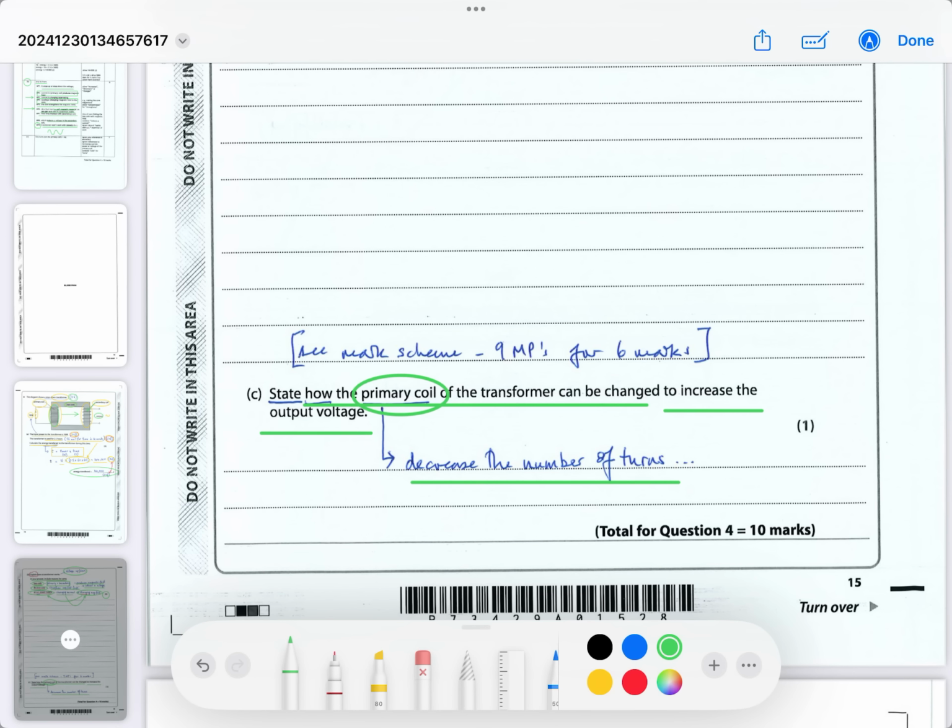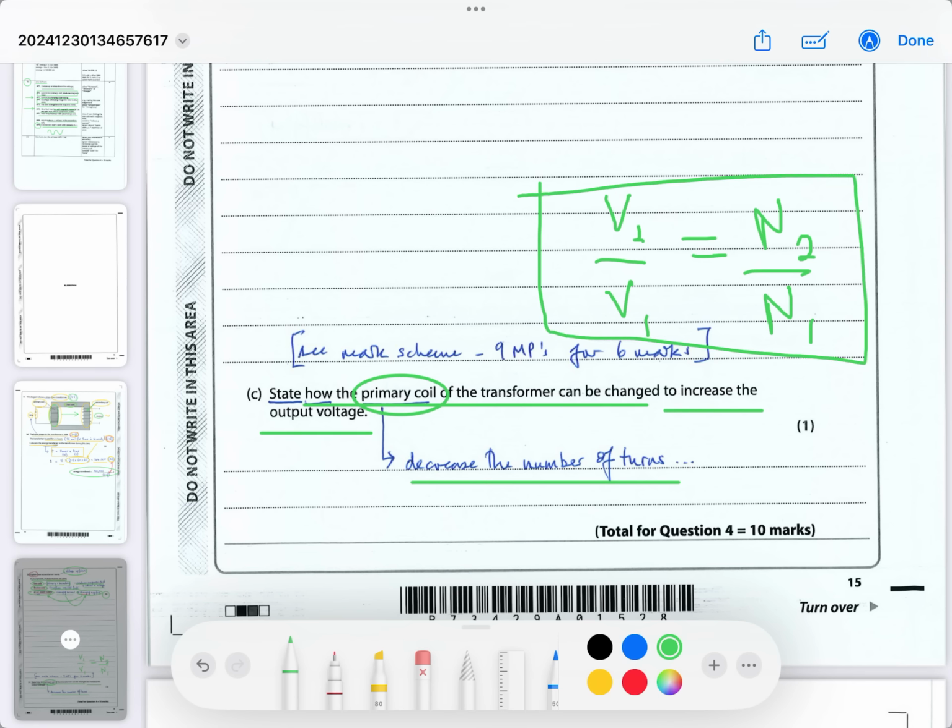So you could say the output voltage, V2 over V1, if you remember the equation, is equal to N2 over N1. And it's only a 1-mark question, but really it applies to this theory.